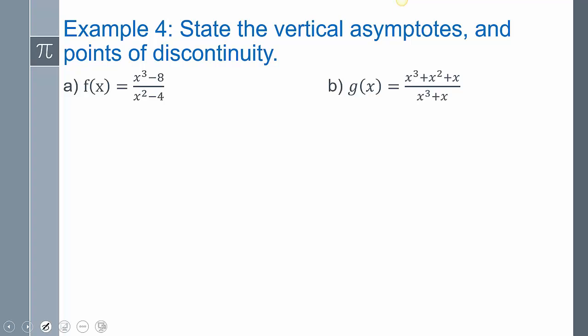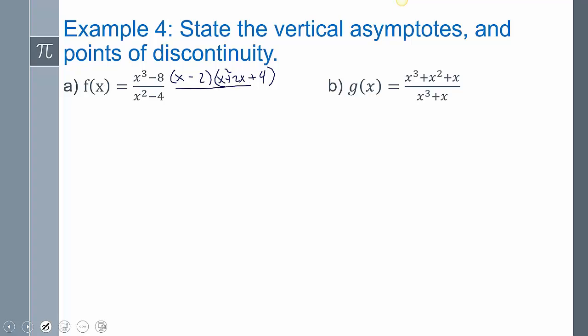Now, you always get the hole if you get this 0 over 0. So, to categorize it, 0 over 0 is a hole. Everything else is a vertical asymptote. So, if I wanted to factor this, first times first is first, last times last is last, first times last is in the middle, isn't this a blast? The first sign's from the problem, second's the reverse, the last sign's always positive.